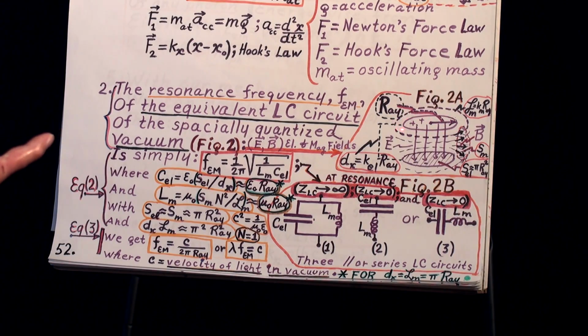Suppose you have two metallic plates at a distance, let's say dx, between the two plates, and the radius of one plate is ρ, okay? So the resonance frequency of this circuit is simply 1 divided by 2 pi square root of L, the inductance of vacuum, multiplied by C, the capacitance of vacuum.